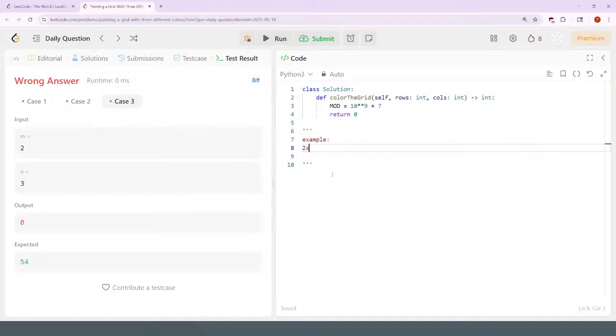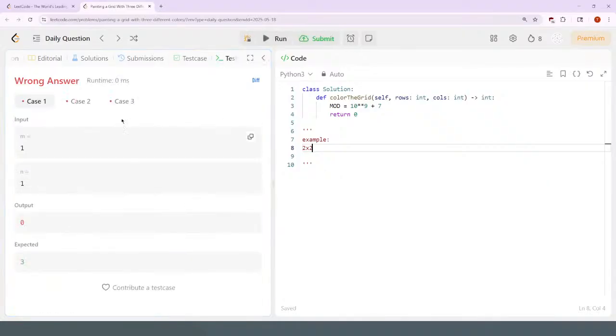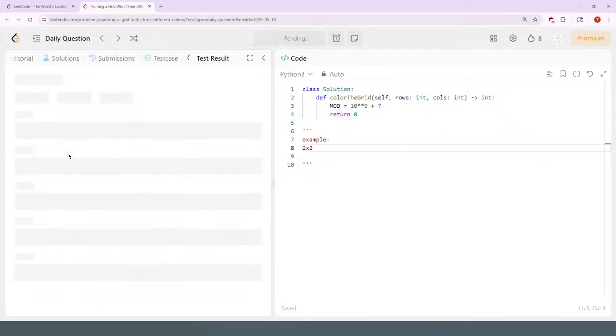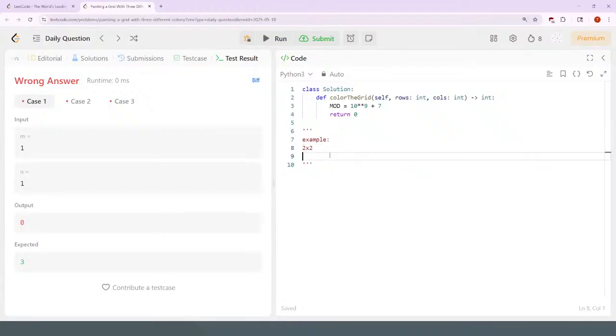That might be too much for me to try to come up with all 54 ways. 2 by 2. Before I look at the actual answer, let me predict what it should be, so it should start red, green, or blue in the upper right corner.